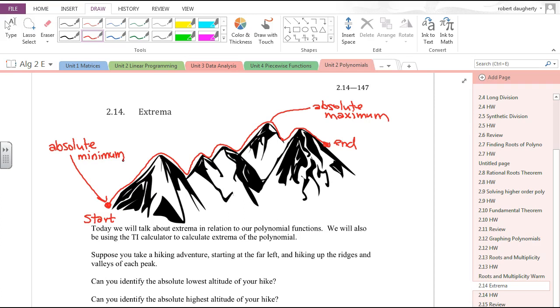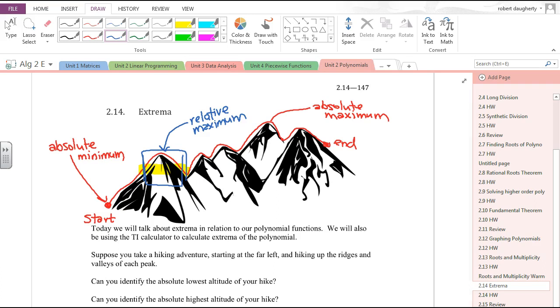Now look at all the other peaks and valleys. What if my journey went from here to here? If I started here and ended here, this would be a maximum, but it's not the highest of my whole trip. So what we say here is that this point is what we call a relative maximum. I could construct a neighborhood right here, and it is the maximum of everything that happened within the blue.